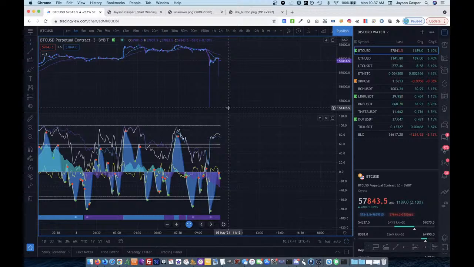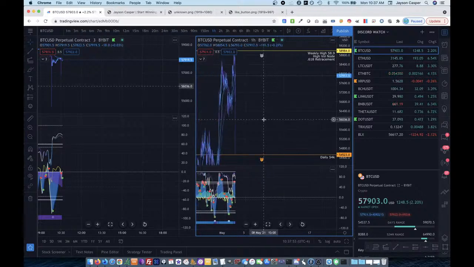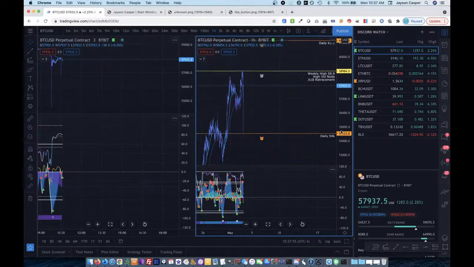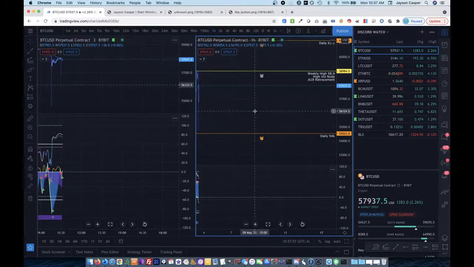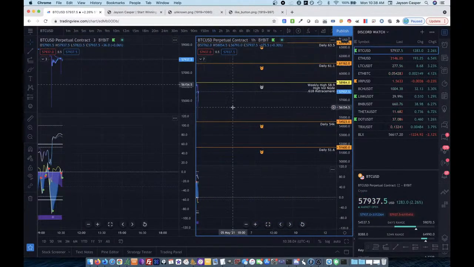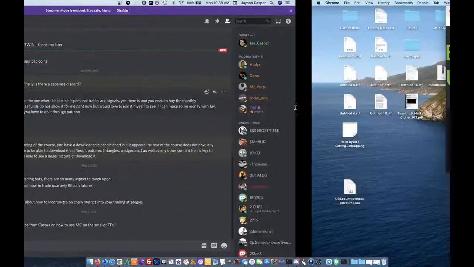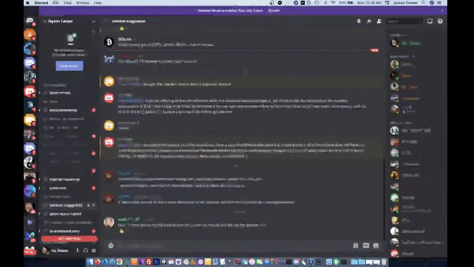This is so crazy, man. My Bitcoin short is from this level up here at around 58.8-ish, right? That is just so nuts, guys. That trade is currently up 15%.